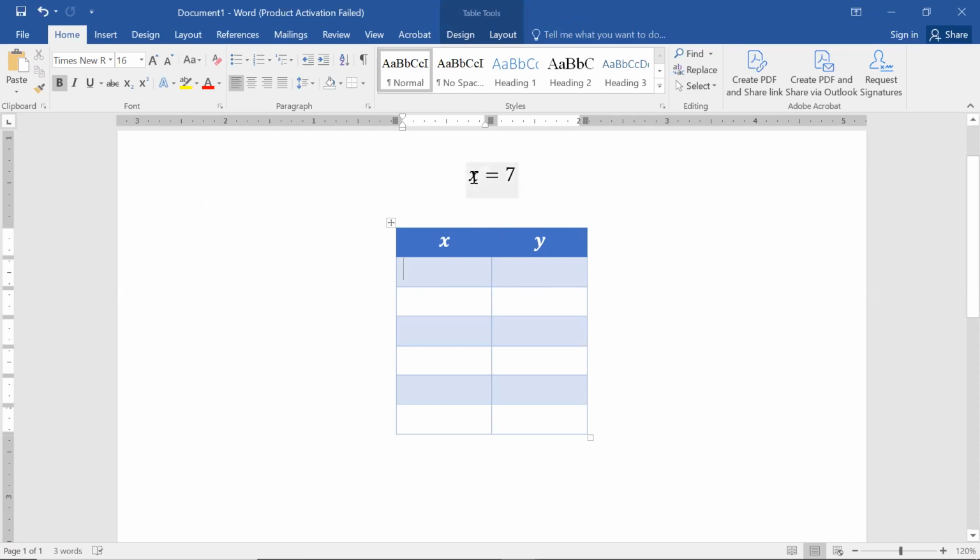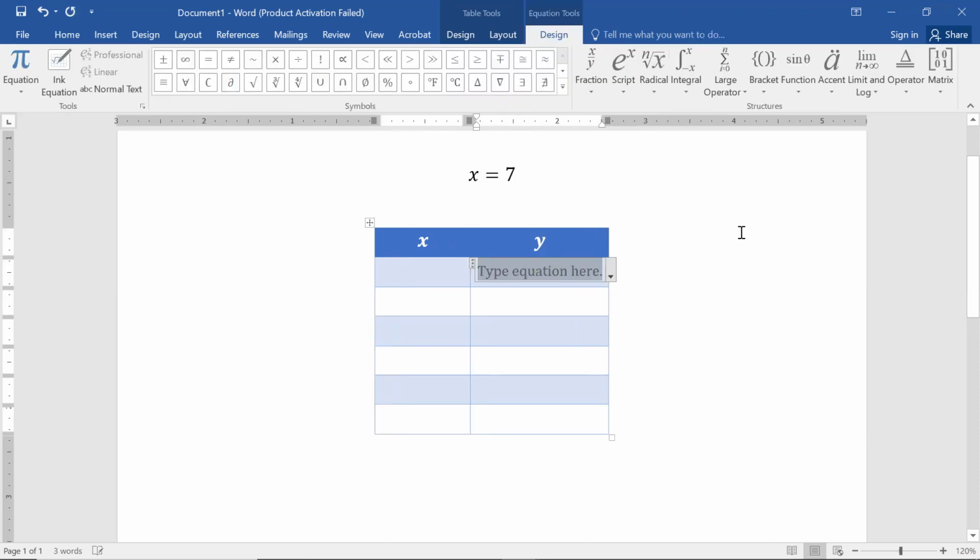If I plug in a number for x like -2, -2 is obviously not equal to 7, so we're going to get strange things. Therefore, because we have x equals 7, no matter what the corresponding value for y is, x is going to have to be 7.